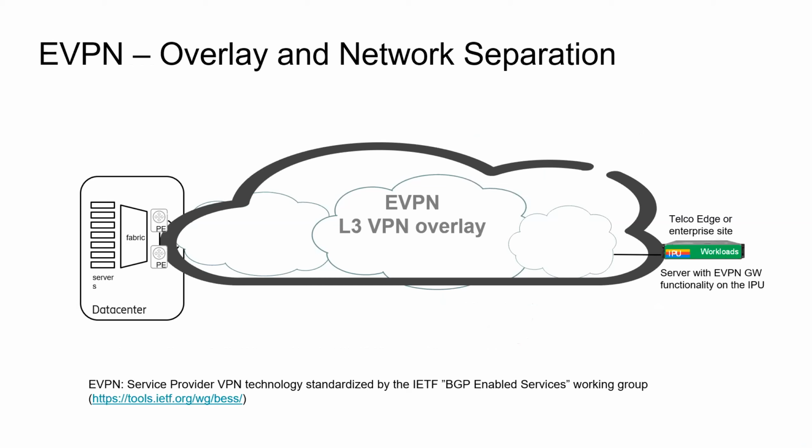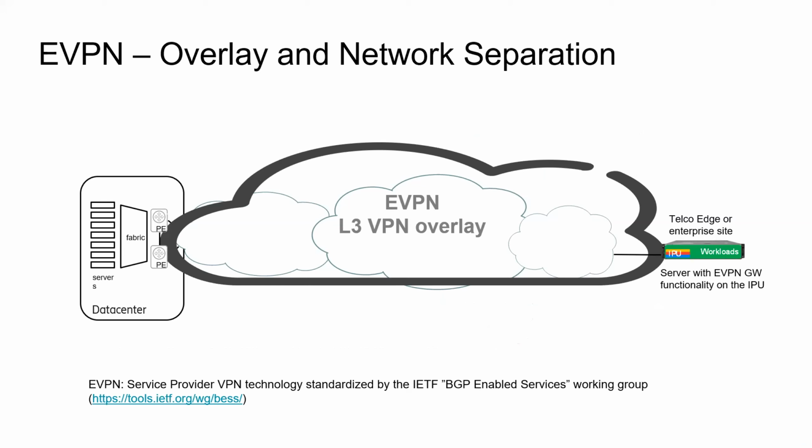To implement that VPN I talked about previously, there are multiple technologies we could have used. For example, traditionally you could have implemented BGP paired with MPLS, but we decided to use EVPN. It's standardized by the IETF and is widely used in data centers. It fits our use case quite well.